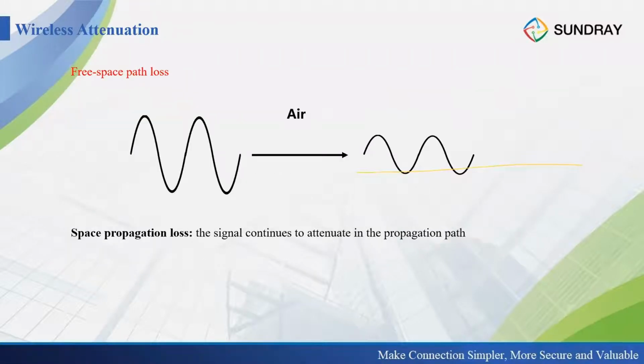Also, even when wireless signals travel in free space, which means no obstacles at all, just pure air, the energy will still be lost, because the signals continue to spread out even if there are no obstacles. So this one is very important.